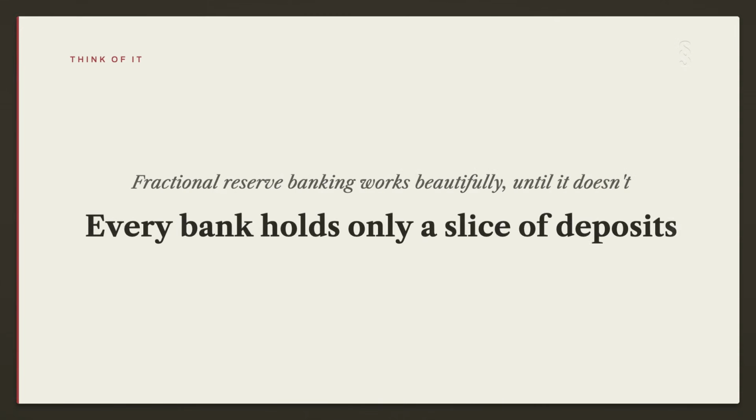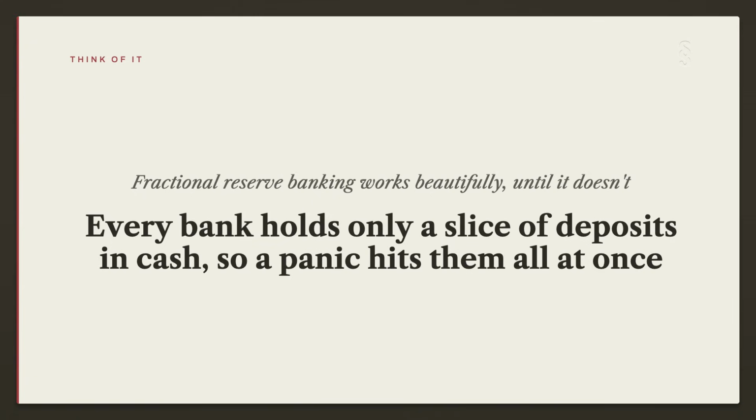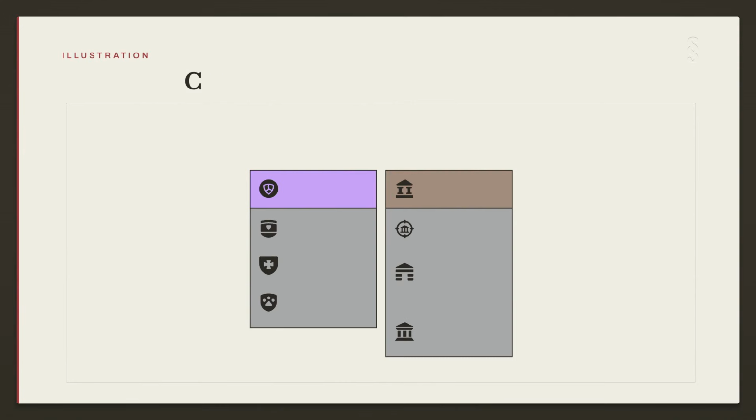The reason this institution has to exist traces back to fractional reserve banking, a system where every bank holds only a portion of deposits in cash. That works fine in ordinary conditions, but individual banks cannot rescue each other in a panic because the crisis hits everyone simultaneously. So something outside the commercial banking system has to be able to create currency and step in.